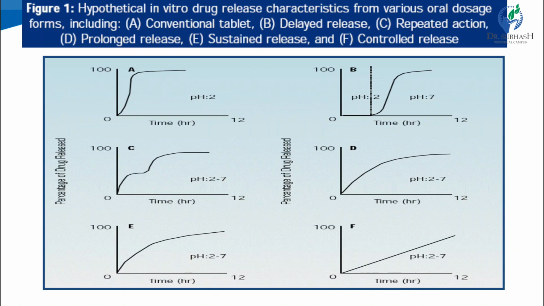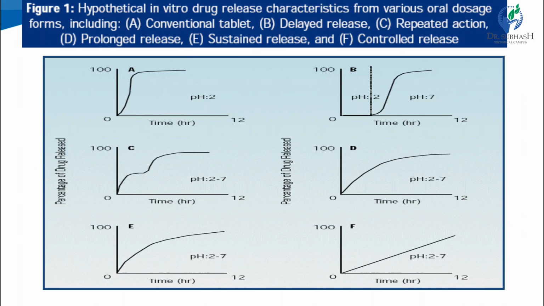The C image represents repeated action. Here we see the curve first increasing, and after that, with repeated action, the graph increases further as more drug is released into the plasma. The D represents the prolonged release. D and E are similar terminologies, synonyms. We can use prolonged release, extended release or sustained release.